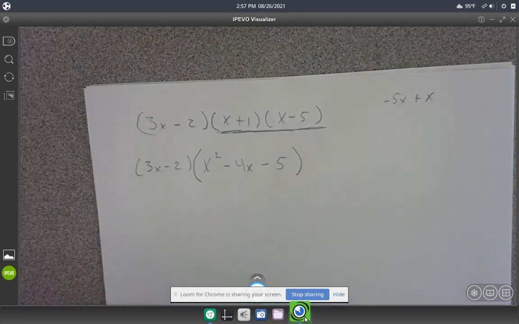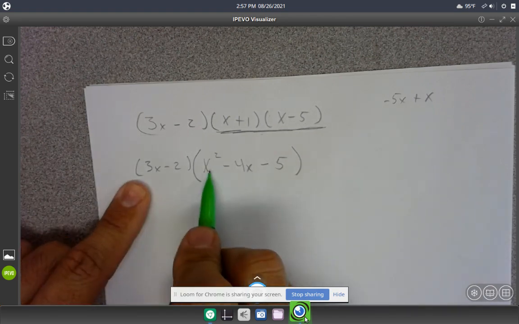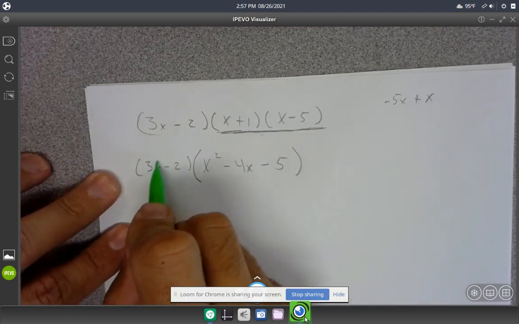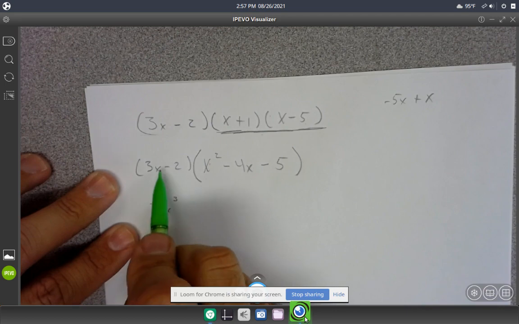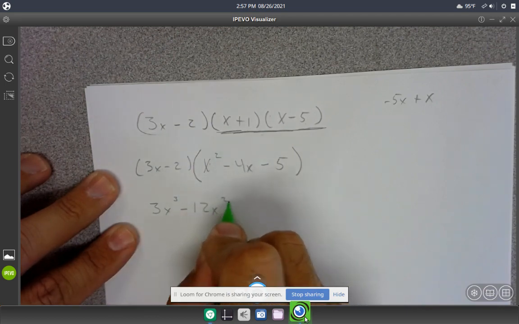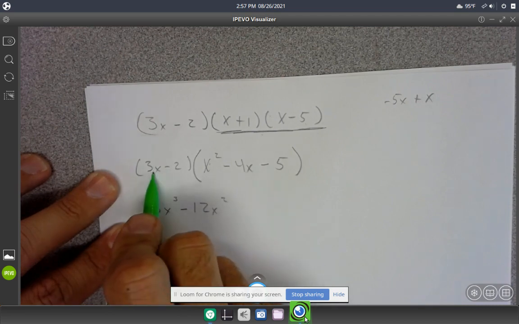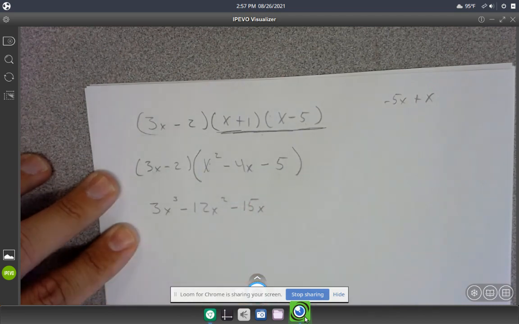And now it's going to end up being a bunch of distribution here, the last step, because we've got to distribute 3x minus 2 to each term. 3x times x squared is going to be 3x to the third power. 3x times negative 4x will be negative 12x squared. And then 3x times negative 5 will be negative 15x.